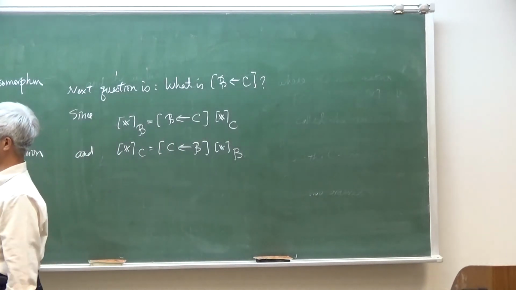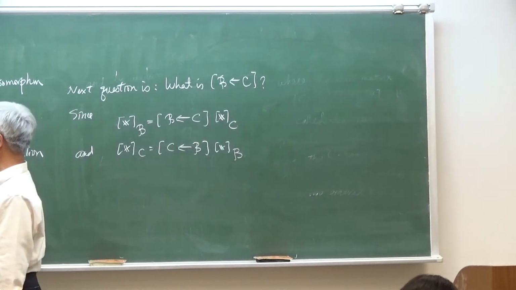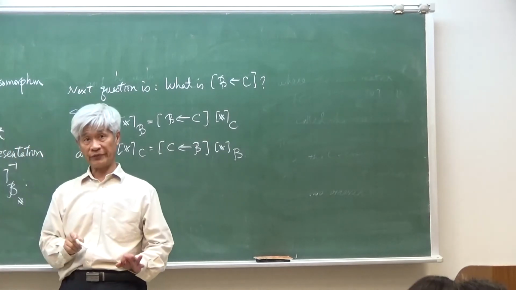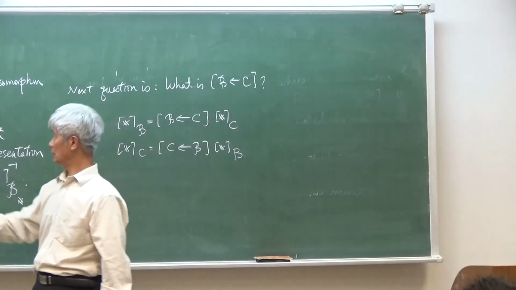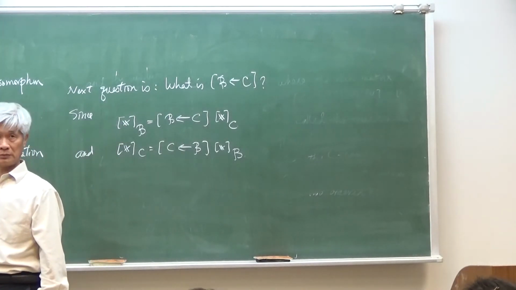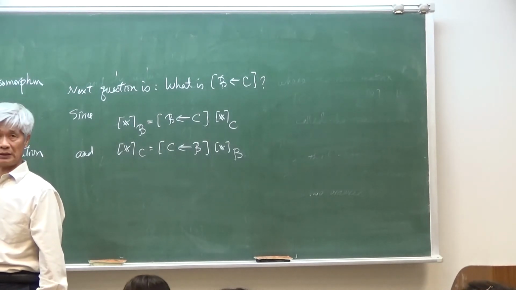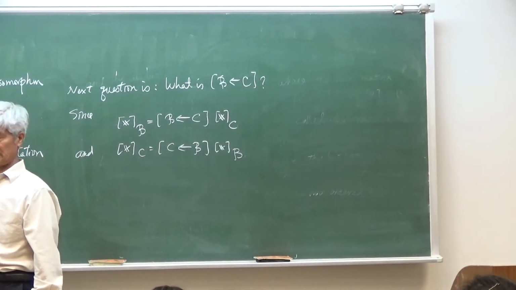And the reason why I have to make a remark is because this transition matrix is a matrix representation of an isomorphism. So this matrix must be invertible.